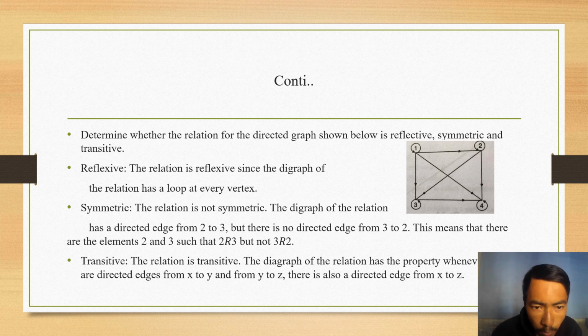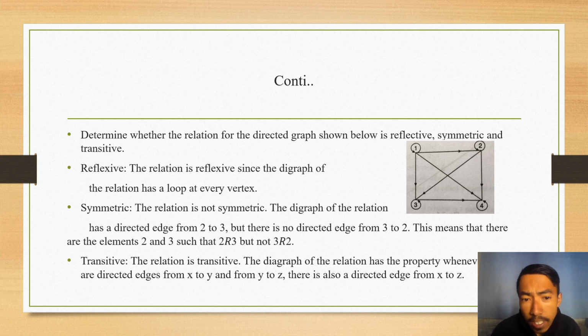In this figure, we can analyze this. There is a reflexive relation. The relation is reflexive since the diagram of the relation has a loop at every vertex. That's why this figure is reflexive. Another is symmetric.